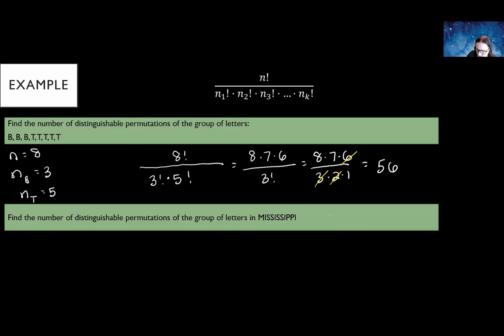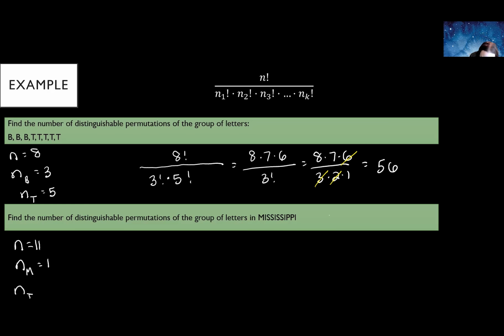So the next example here, we've got Mississippi. How many letters are in Mississippi? 1, 2, 3, 4, 5, 6, 11, I think. I want to double check that I counted that right. I got 11 too. All right. And now all of the different letters we have. We've got the letter M, one of those.